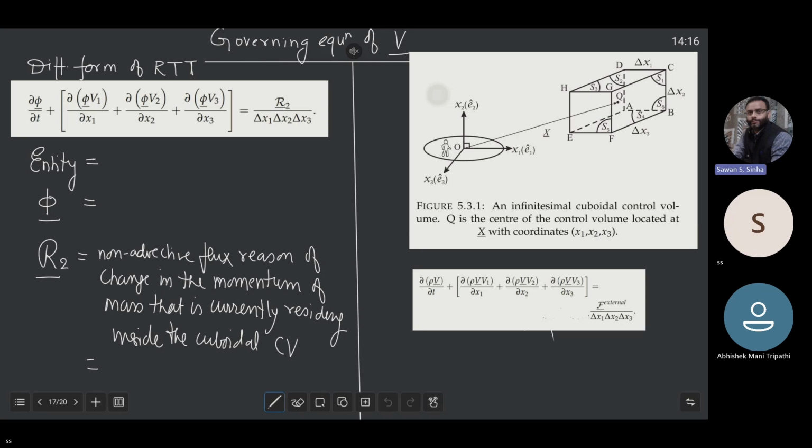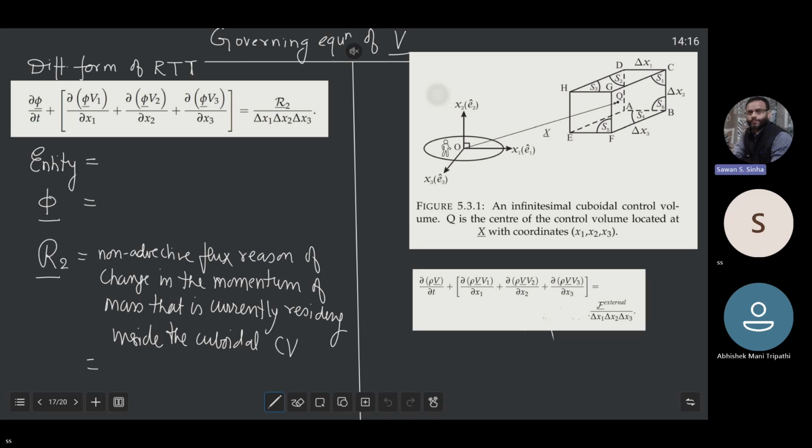Accounting for all that gives me this expression, on a surface. Which surface? Surface including the entire control volume. So that's the mathematical expression for R1.